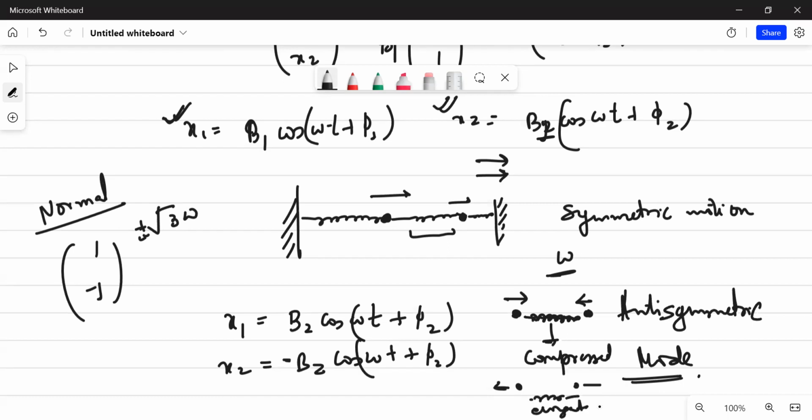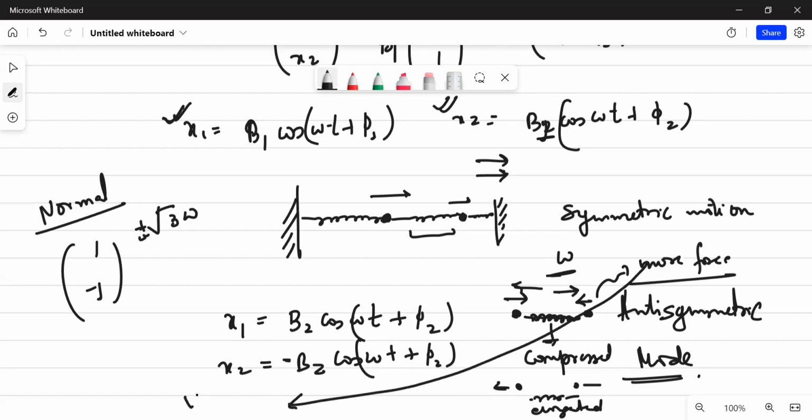Now you'll say, why do you say that this will come into frame? Because if it is getting compressed, it is going to push these two in other directions, so obviously these two masses are going to feel more force. And since they feel more force, that is getting reflected in their angular frequencies as well. Is that clear to you?